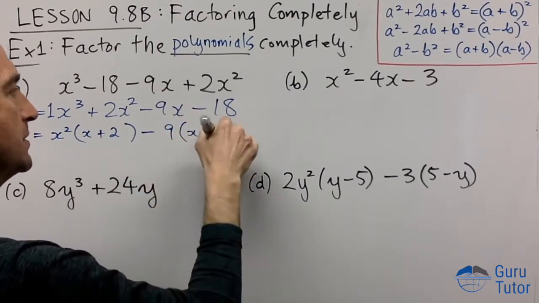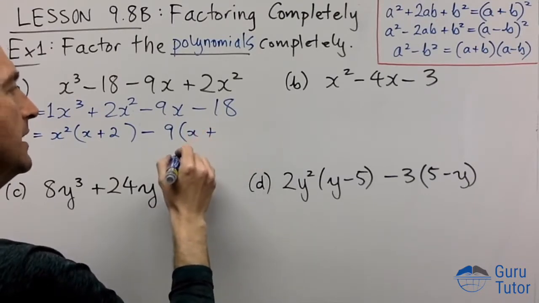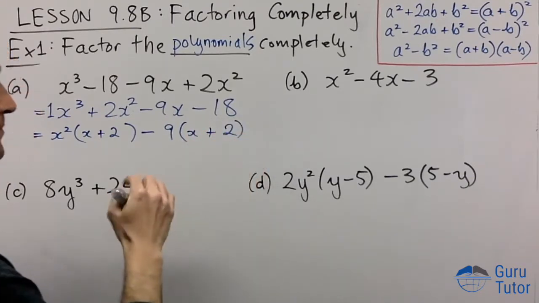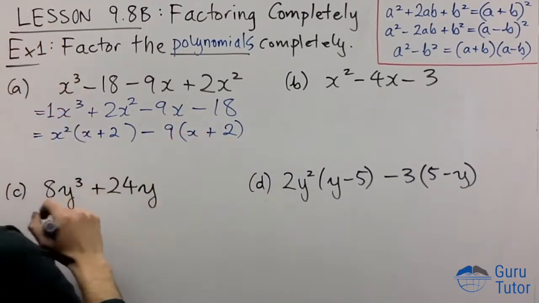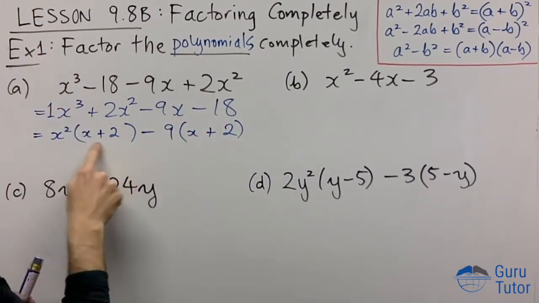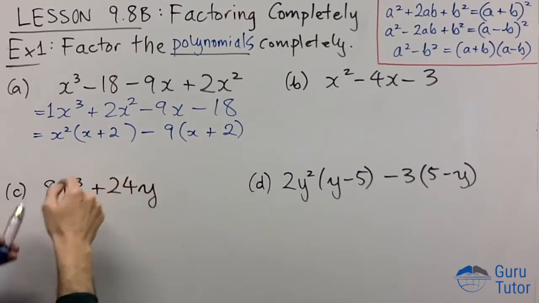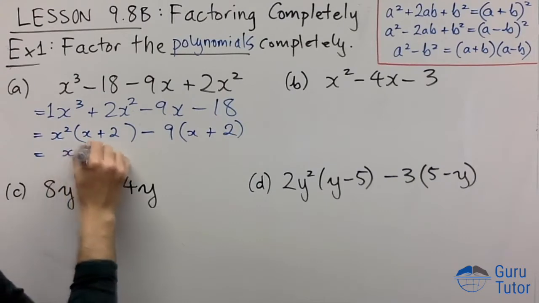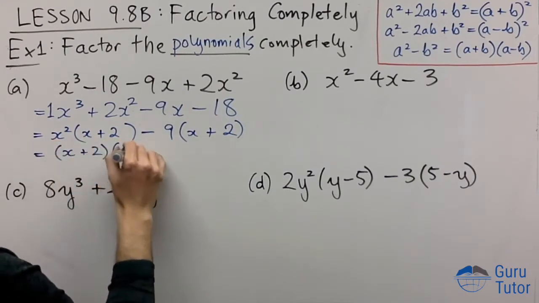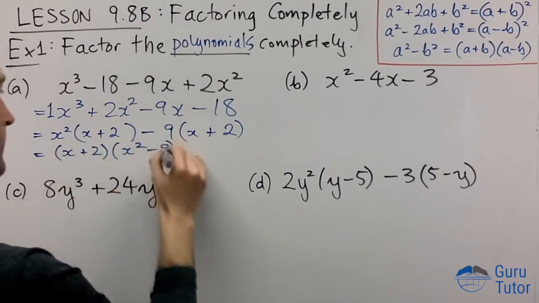X. 9 times what gives 18? Plus 2. Be careful there. Minus 9 times plus 2 gives minus 18. And do we have the exact same thing in the brackets? Yes, we do. Okay, so this is going to factor to x plus 2 times x squared minus 9.